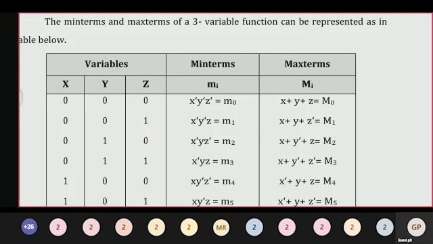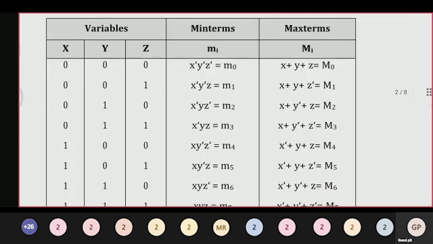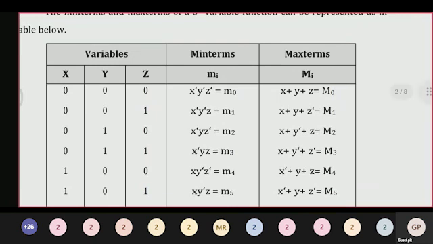So you write x plus y plus z, that is equal to max term M0. Next one is 0 0 1. Now the inputs are 0 0 1, that is represented in max term as x plus y plus z bar. It corresponds to max term M1.